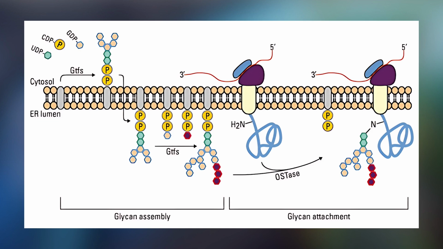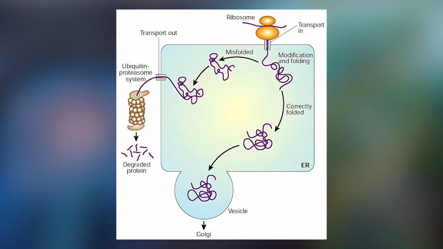As I mentioned, these sugar chains that are added help the endoplasmic reticulum to recognize misfolded proteins. Basically the way this works, although it's quite complicated, is that these oligosaccharides, these big sugar units, are added to the protein in particular places. And if chaperone proteins within the endoplasmic reticulum don't find these sugar units where they're expecting them to, then they know that the protein hasn't folded up properly, and therefore the sugar units haven't been added.